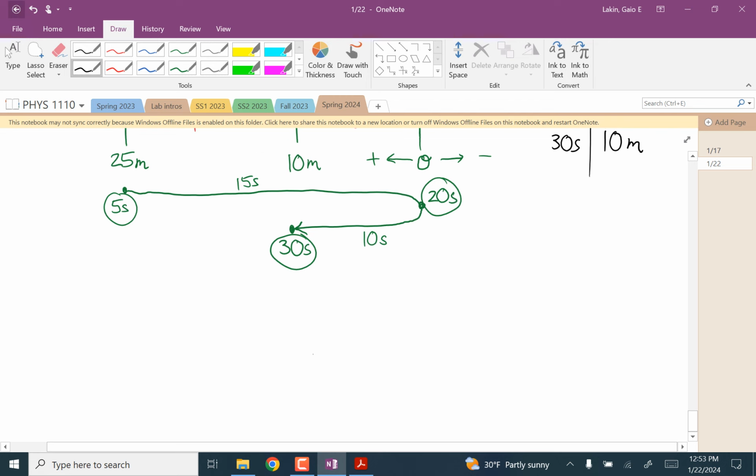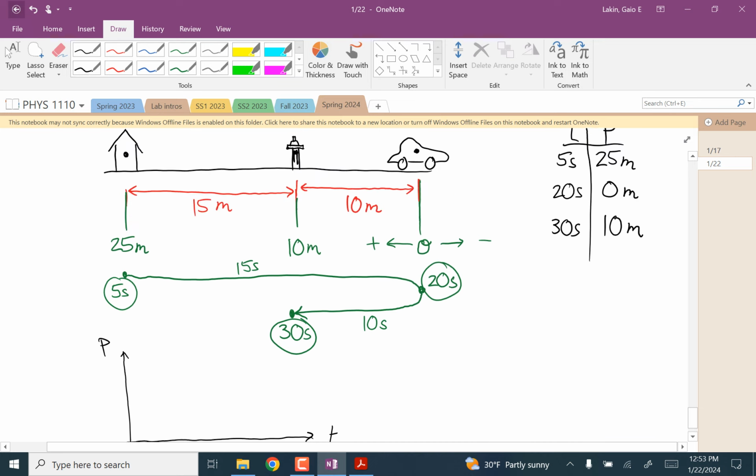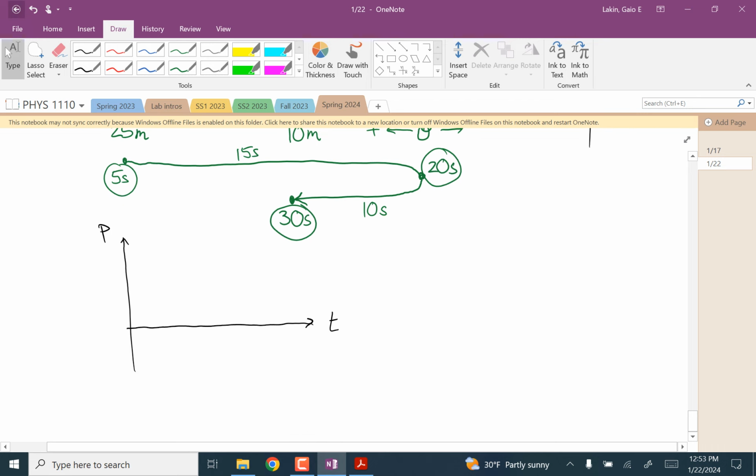So based on that table, the times we're going to care about are 5 seconds, 20, and 30. So let's say this is 5 seconds. This is 20 seconds.